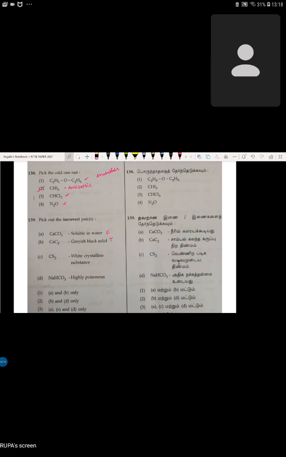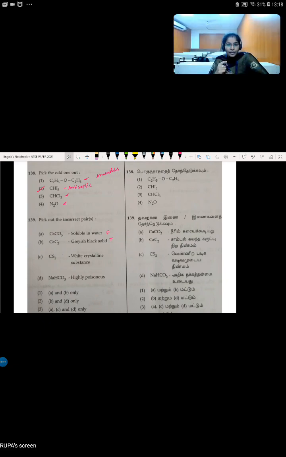Yes, we can think that way too, but if you go according to the state board government book in applied chemistry, it is very direct: these three drugs are anesthetics and iodoform is an antiseptic. We are also waiting for that, but according to the book, we can go with the second option only.